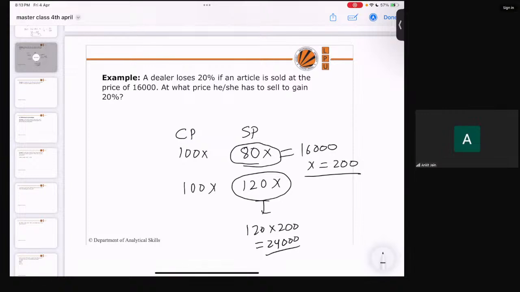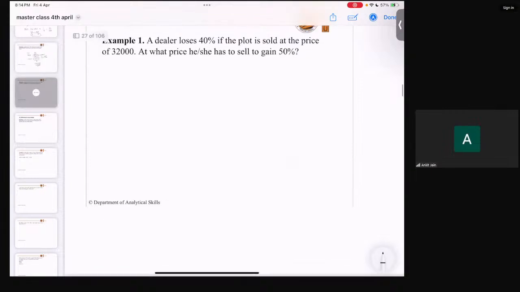You can compare with the actual data at the end. First, convert it into ratio. Okay, the same type, try to solve the next question.